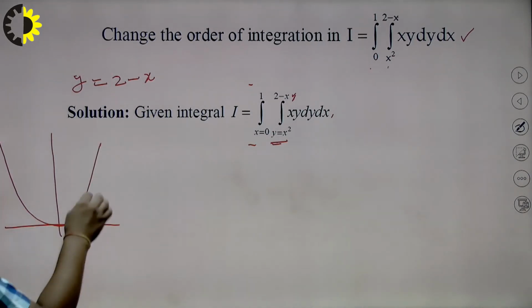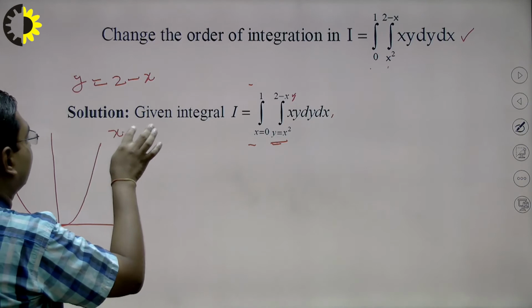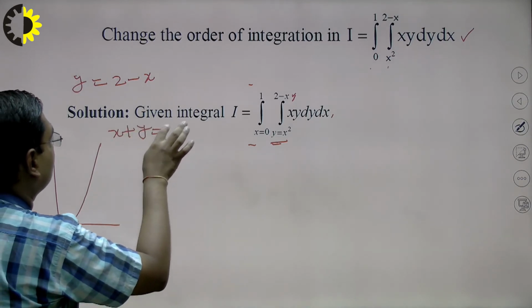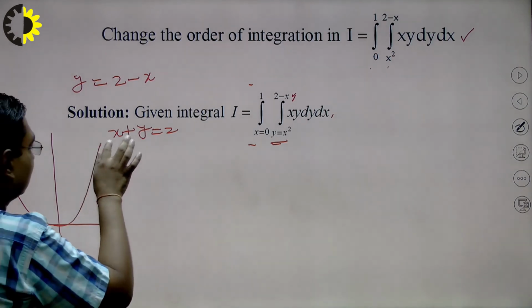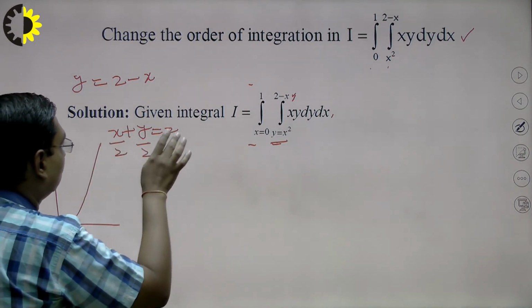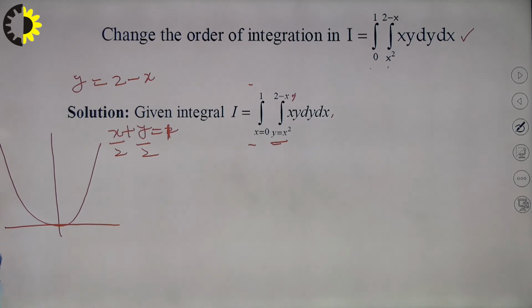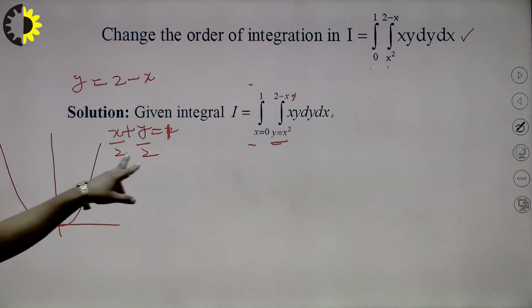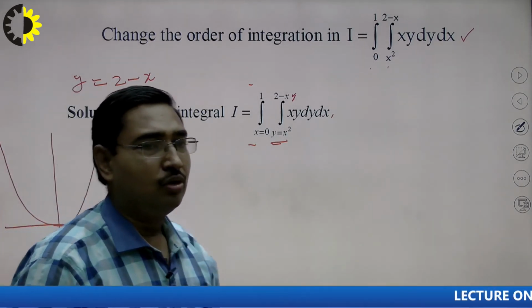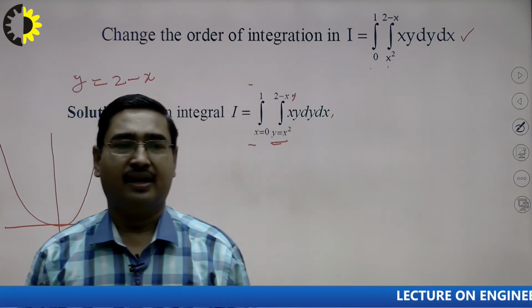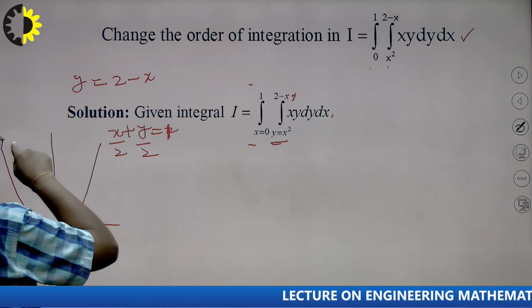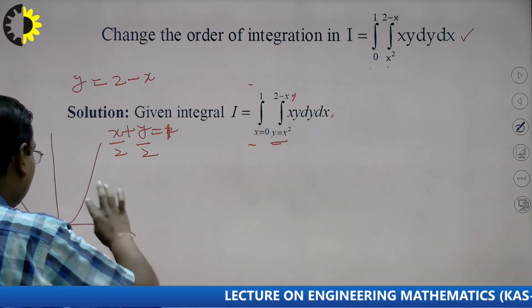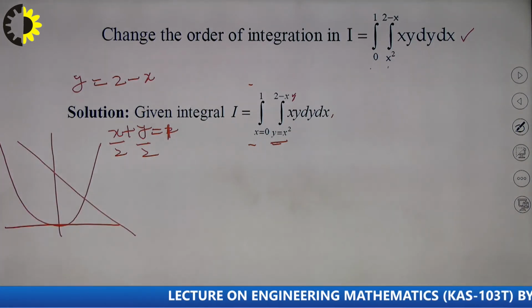Y equal to 2 minus x can be written as x plus y equals 2. This becomes x upon 2 plus y upon 2 equals 1. X upon 2 plus y upon 2 equal to 1 is a straight line whose x intercept and y intercept are both 2. So, this line will look like this.